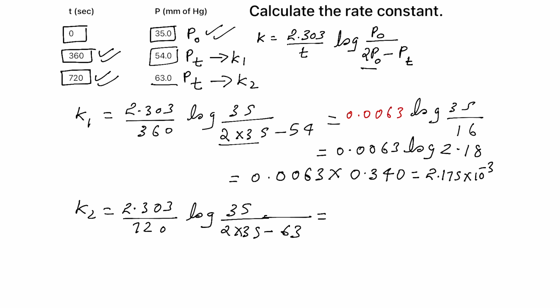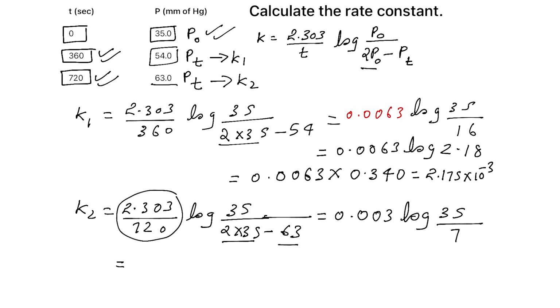On simplifying, on dividing this, you will get 0.003 log 35 by 2 into 35 is 70 minus 63. You will be getting like 7. So you will be getting 0.003 log 5. Correct? 35 by 7 is 5. Log 5, you know, right? It is 0.6990.